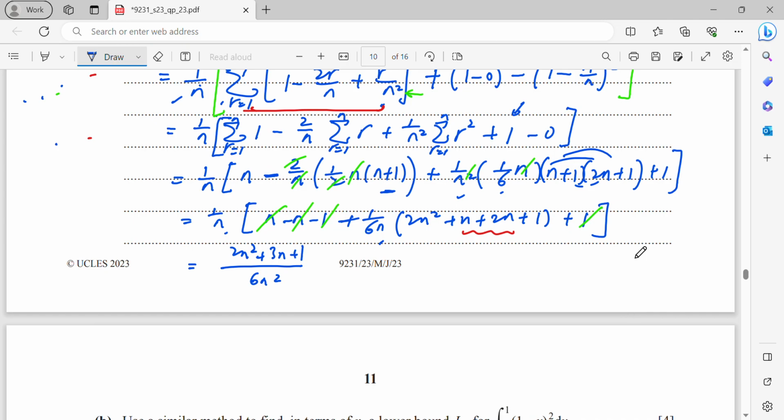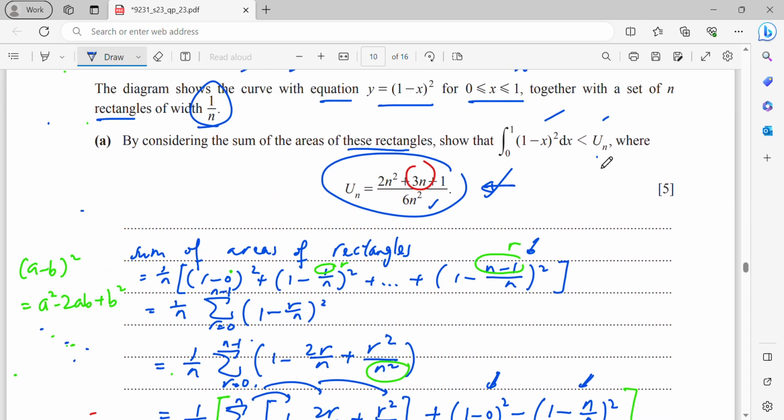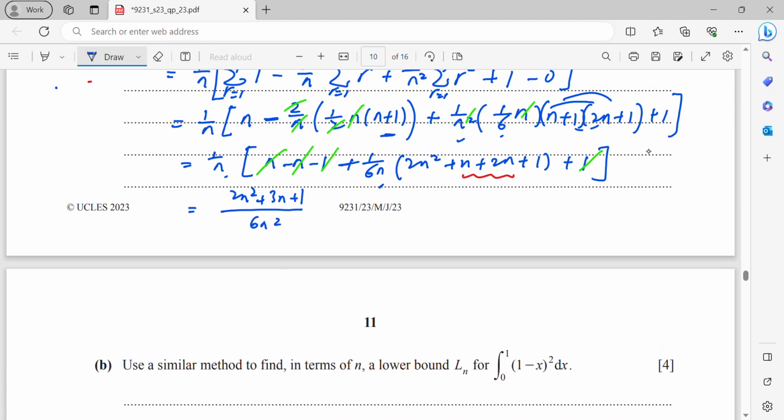Alright, so then from here, I will just write this is the sum of the areas of rectangles. So sum of areas of rectangles is basically the Un. So then final answer, you can just write integration, which is the area under the curve. This integration is less than 2N squared plus 3N plus 1 over 6.